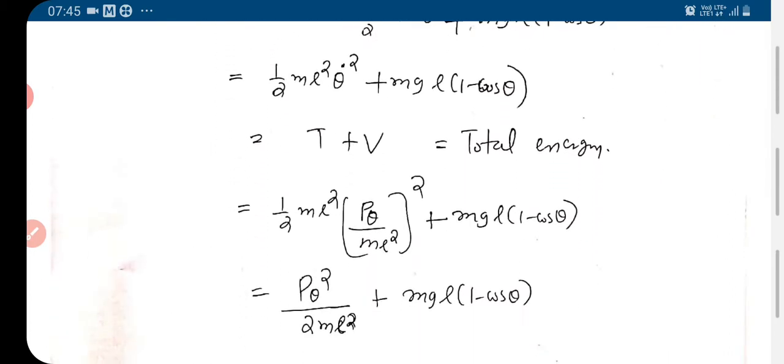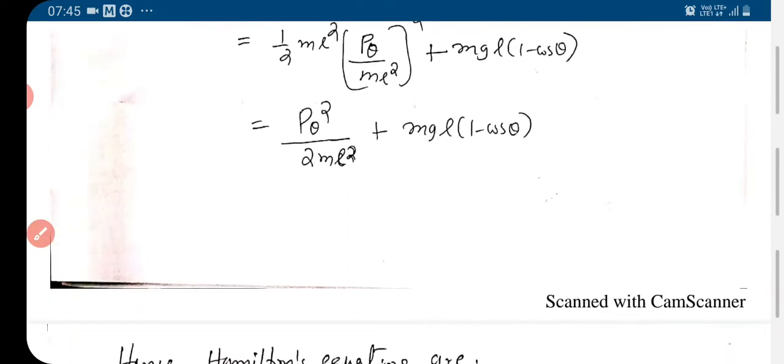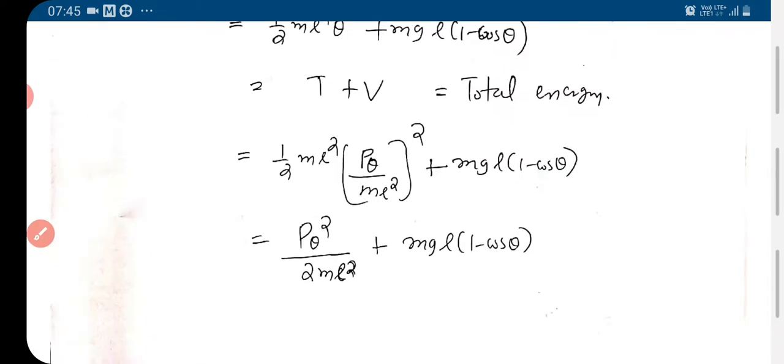And we express theta dot in terms of p theta, because in the Hamiltonian we always have the generalized momentum and generalized coordinate. So we have p theta square by 2ml square here, and here we have mgl(1 minus cos theta). So this is the Hamiltonian.